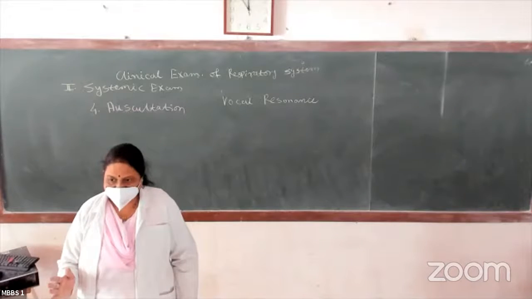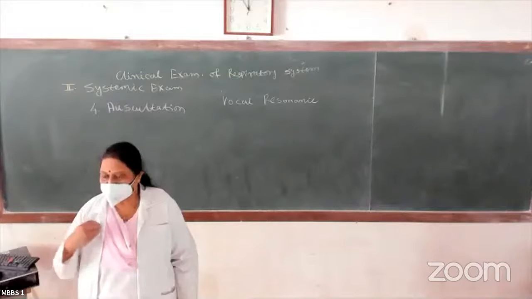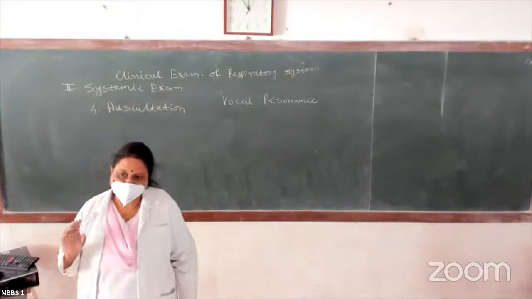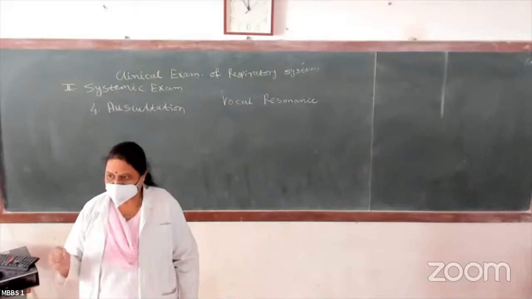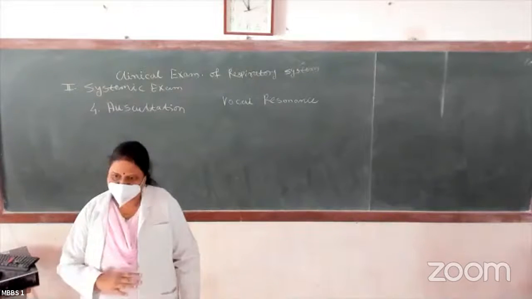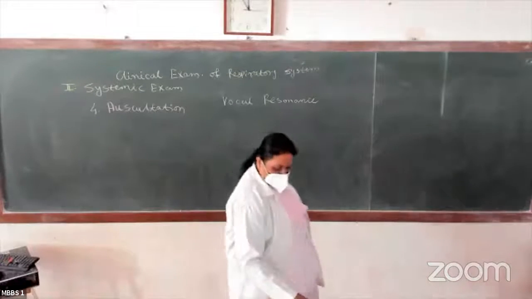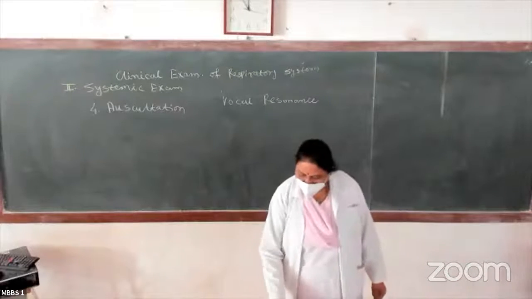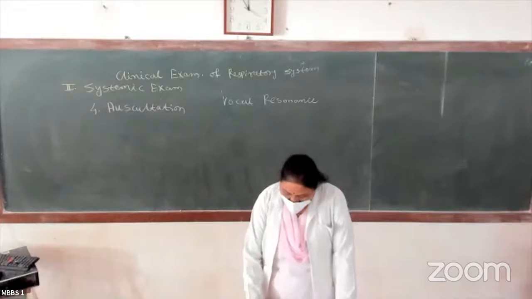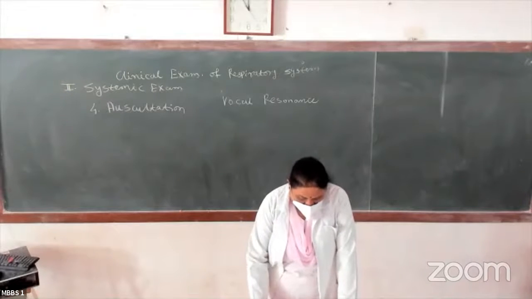Same as before, ask the subject to say the words nine or one, and you auscultate over all the nine areas of the respiratory system. Again, this is comparative, right and left. This is the vocal resonance, an auscultatory test. In which condition does it increase and in which does it decrease?